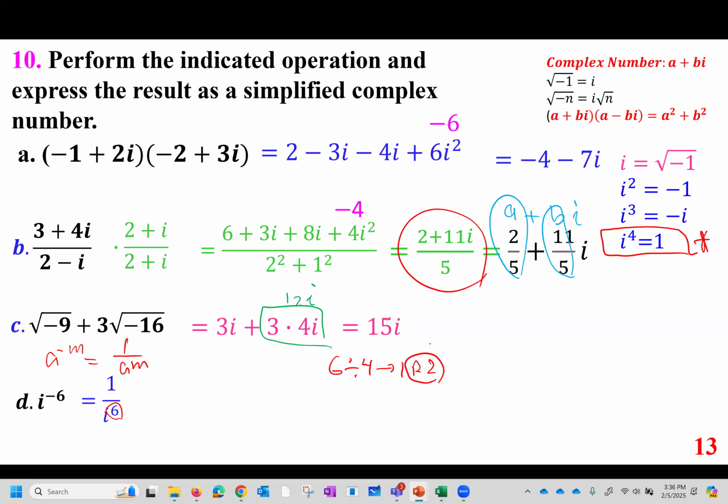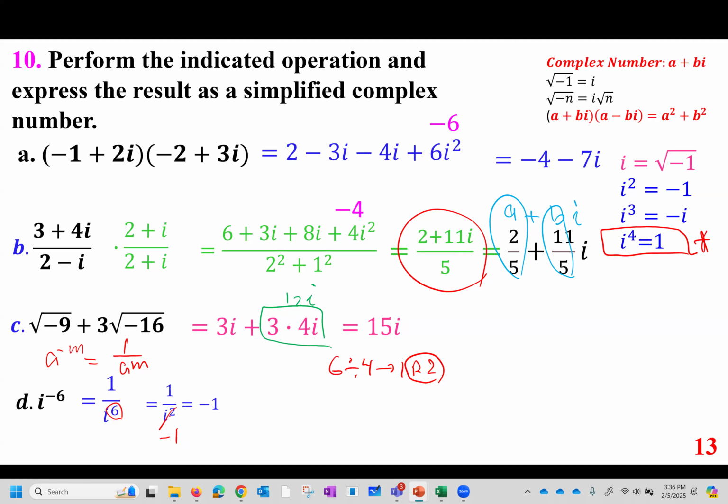You are concerned with the remainder and the remainder only. So it will become 1 over i squared. And you know i squared is negative 1. The answer is negative 1.